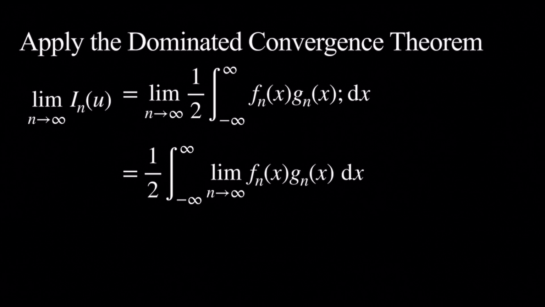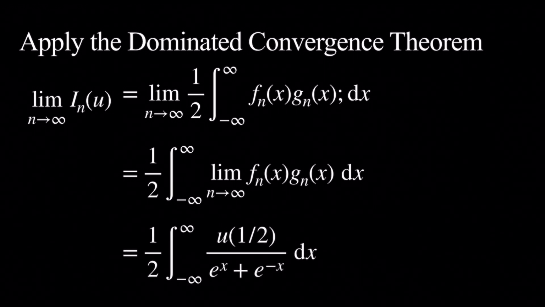So now we just need to take the integral of the limit, but the pointwise limit is known. It's u(1/2) divided by e^x + e^(-x). Now notice that we have an even integrand.